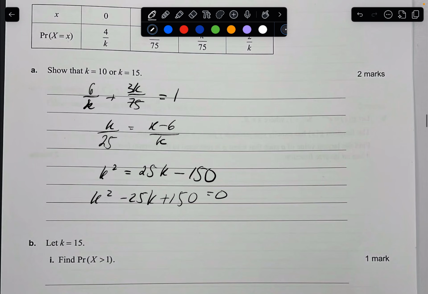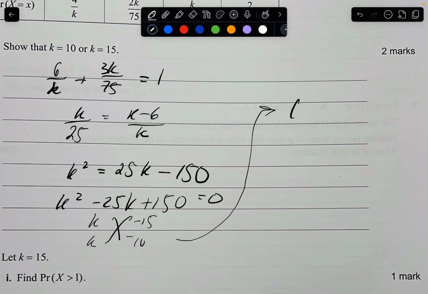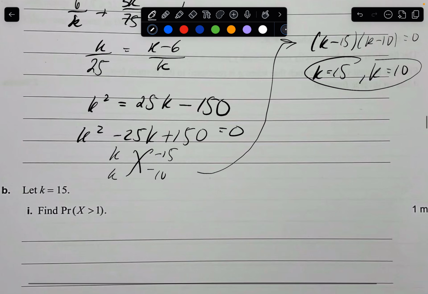And you can use the clue that it's going to be 10 or 15. So those are going to be the two numbers that you try and factorize with. And they will both be negative to add up to negative 25. So k minus 15, k minus 10 equals 0. K is equal to 15 or k is equal to 10.